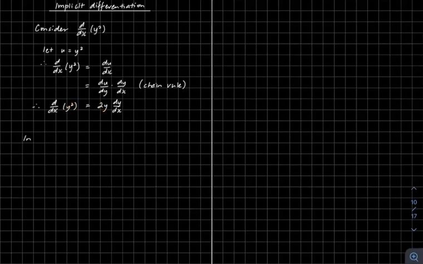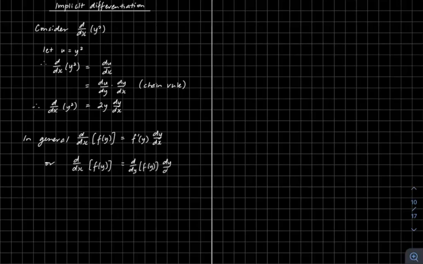If we wanted to generalize that, we could say, in general, the derivative with respect to x of some function of y, so of f of y, is going to be f dash y, the derivative of that function with respect to y, times dy dx, or using slightly different notation, d dx of f of y is equal to d dy of f of y times dy dx.